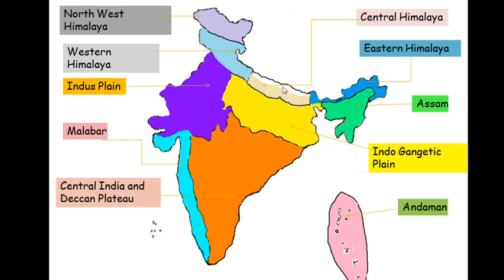It is in the foothills, very near to Nepal. So the portion of the Himalaya just north of Uttar Pradesh is known as Central Himalaya. Then Eastern Himalaya, from Sikkim to Arunachal Pradesh. This floristic zone is known as Eastern Himalaya.